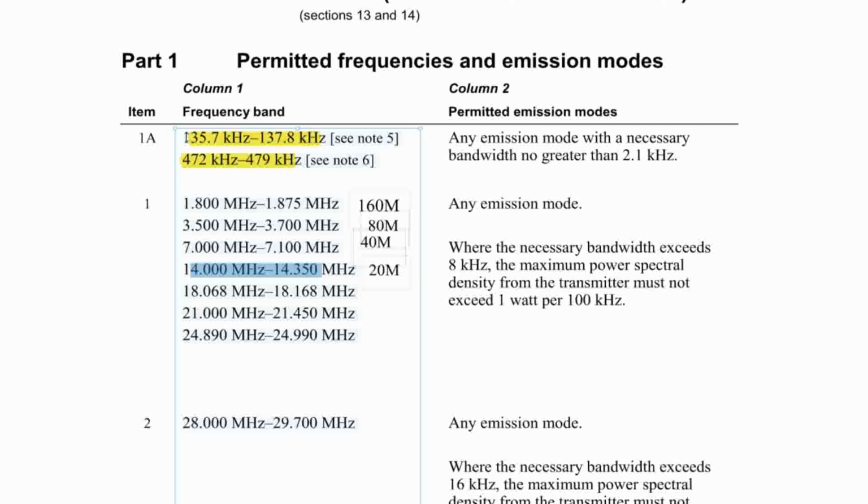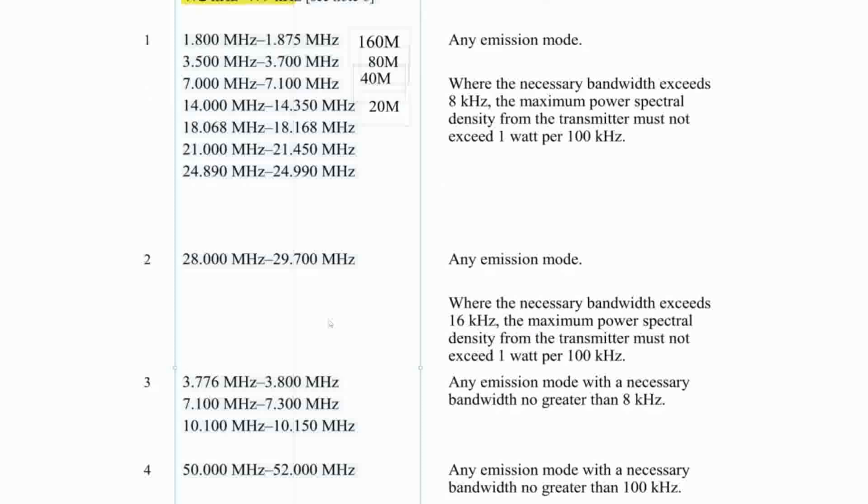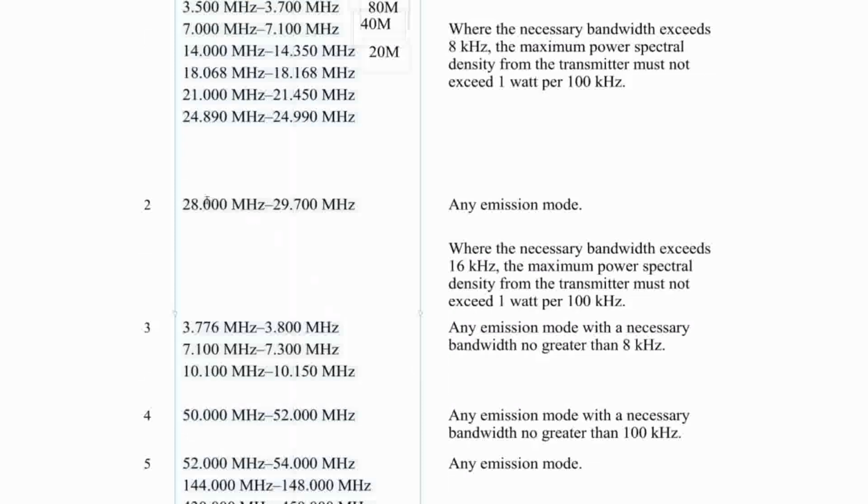I'd know the lowest frequency that can be used by amateur radio operators. I'd probably remember that below 28 megahertz you can only use 8 kilohertz bandwidth. You see, FM can be used below 28 kilohertz, and FM below 28 kilohertz has to be narrowed to 8 kilohertz, whereas above it's 16 kilohertz. Pay to remember that.